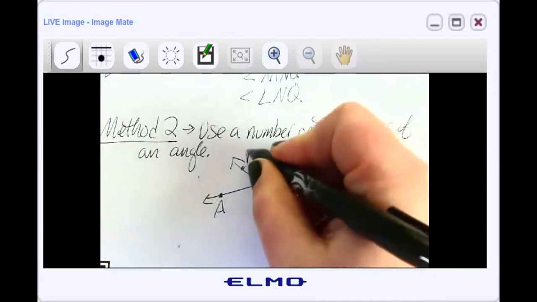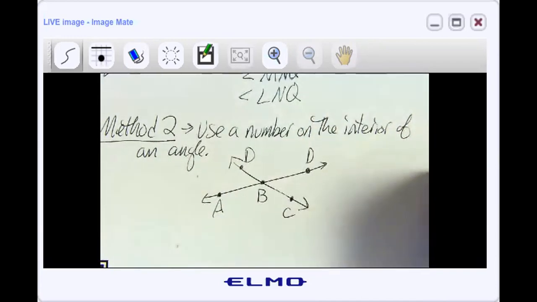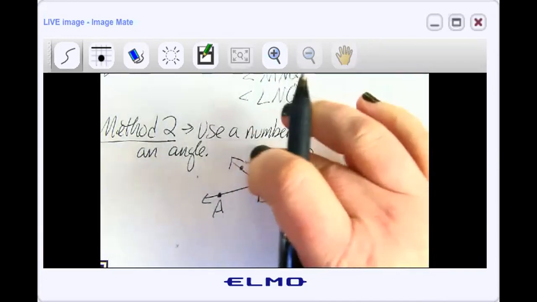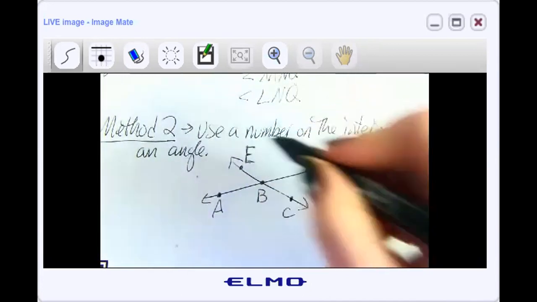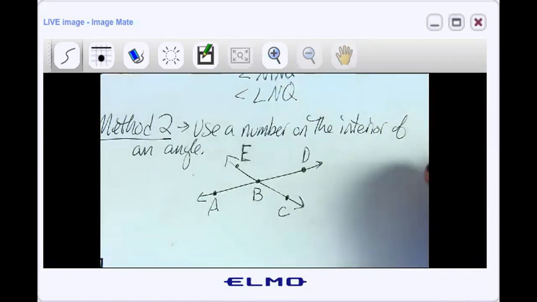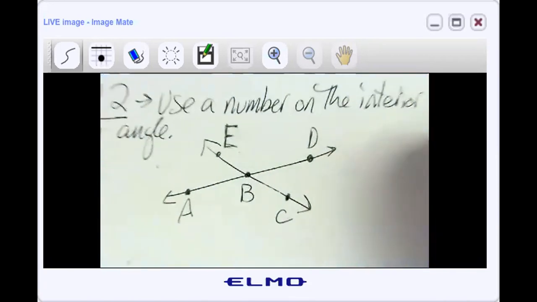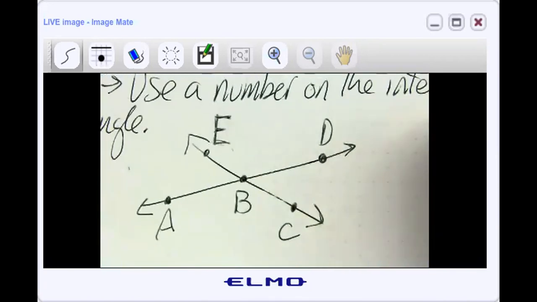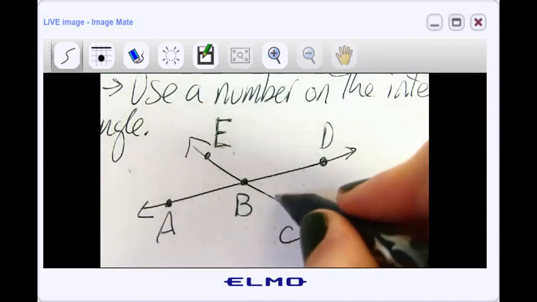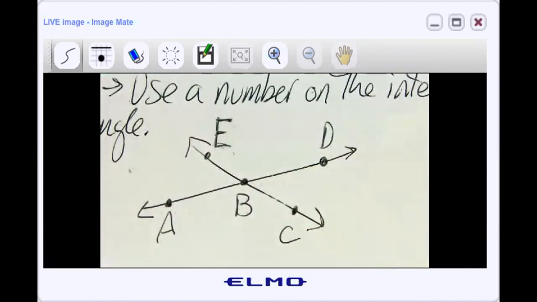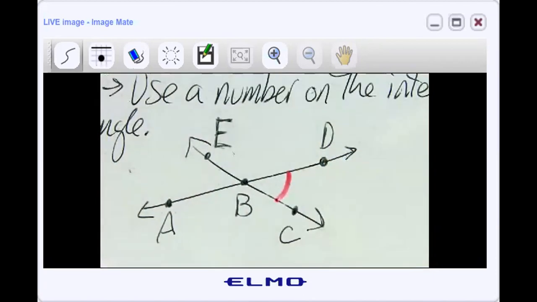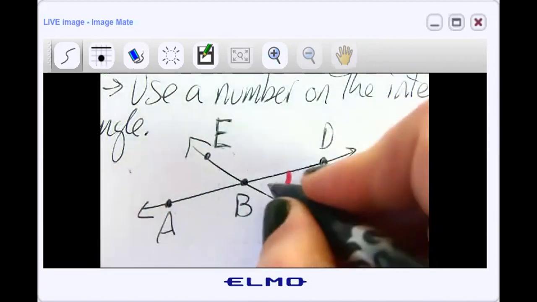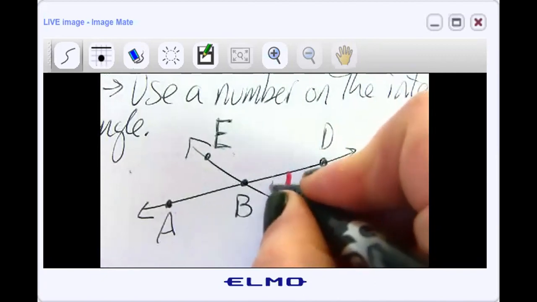So let's say I gave you this diagram, right? Oh, it's supposed to be an E, silly goose. All right, so say you have this. Let me zoom in a bit. And I want to talk about this angle over here. One thing I'm allowed to do is sneak in and just put a number right here.